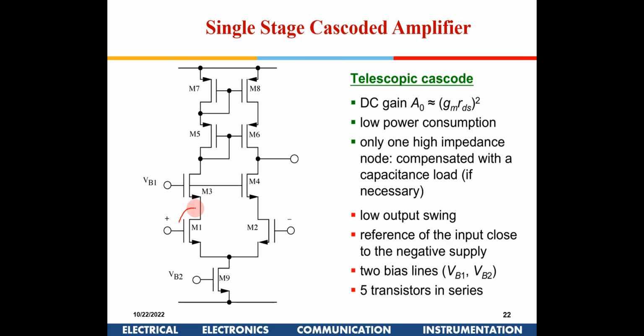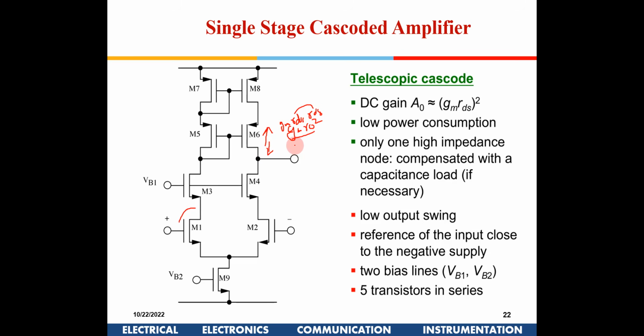Has the gain improved? Yes, because if you see from here, it will be like gm into rds6 into rds8. If you consider these are all equal, then it will be gm into ro square.